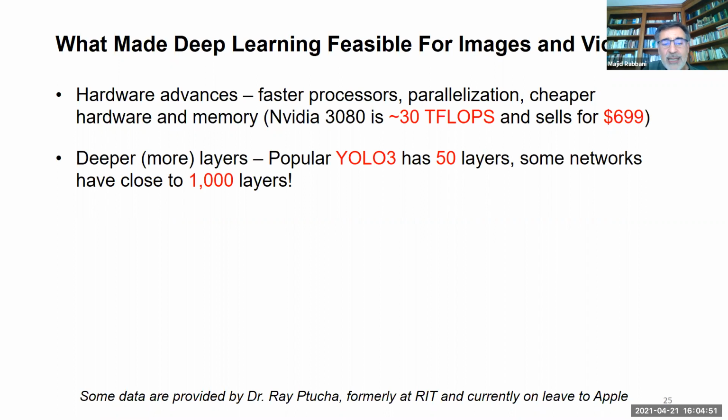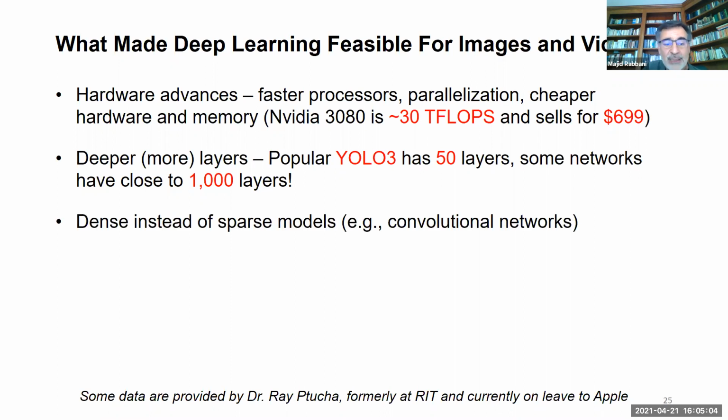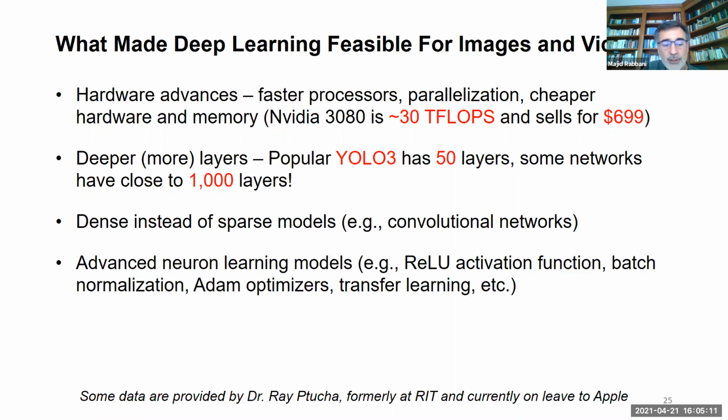There are deeper networks, more layers in neural networks. The very popular architecture called YOLO version 3 has only 50 layers. And I said only. Why? Because some networks have close to 1,000 layers. And these layers are densely connected instead of the sparse model of convolutional networks.